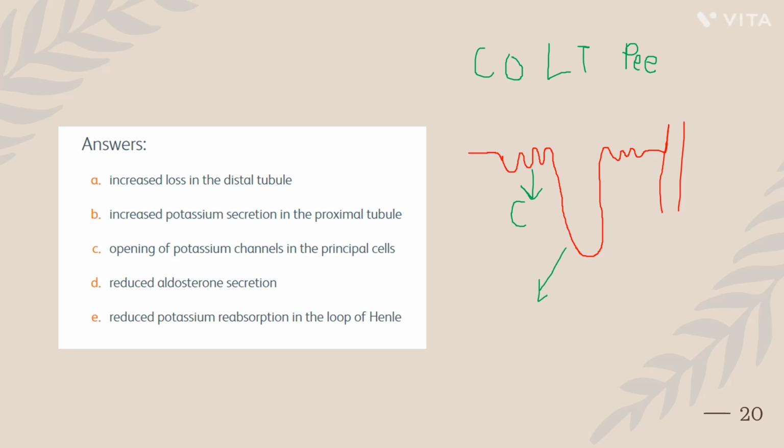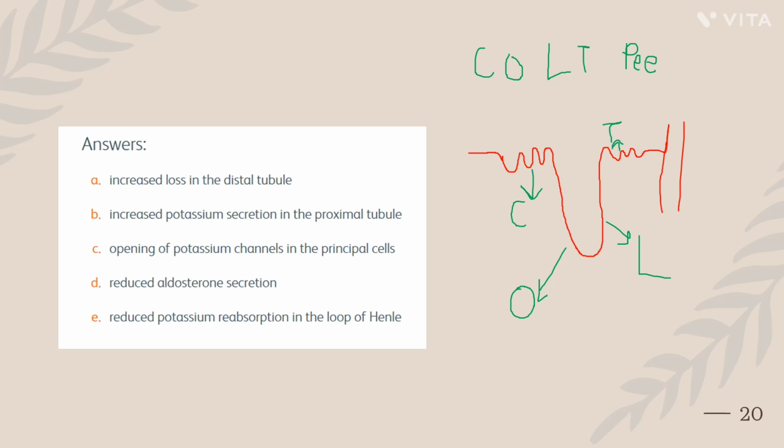O comes for your osmotic diuretic, which is acting on the loop of Henle. L for loop diuretic acting on the ascending limb of loop of Henle. Then comes your T, that is thiazide diuretic acting on the distal convoluted tubule.